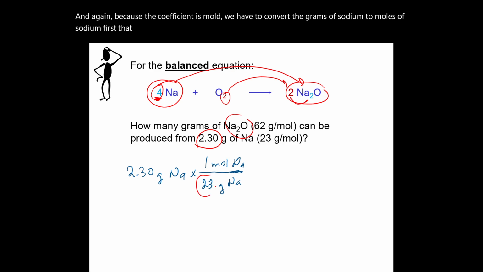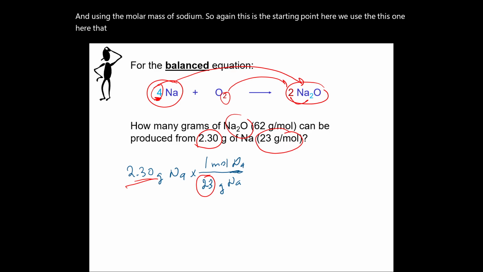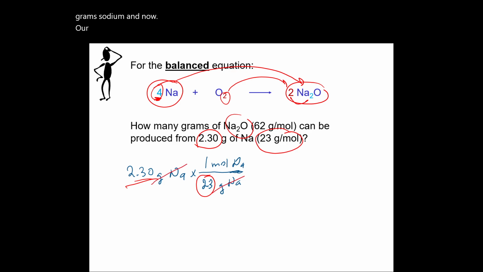That is what we're doing here, using the molar mass of sodium: 1 mole of sodium is 23 grams, or 23 grams of sodium is 1 mole. So you cancel out the grams of sodium, and now our target is to go from grams of sodium to grams of sodium oxide.